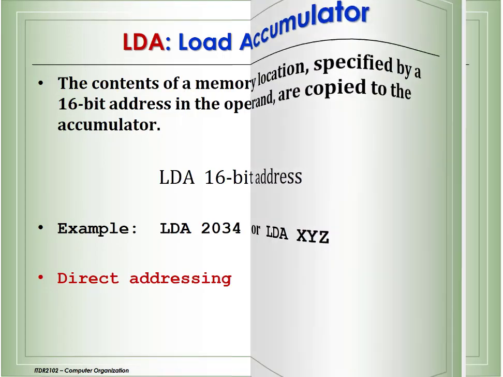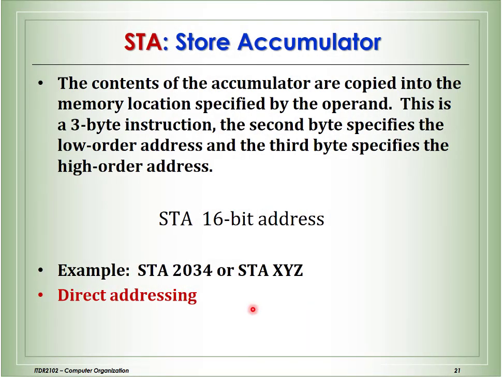And this is actually direct addressing. Now here, store accumulator. So STA, store accumulator. Here the contents of the accumulator are copied into the memory location given by the operand.